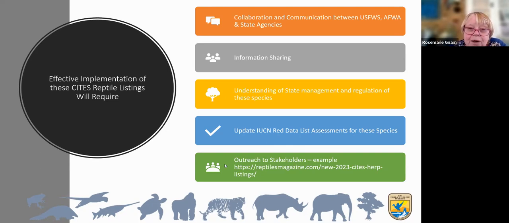The other thing that we are all involved in is working on outreach to the impacted stakeholders: our turtle farmers or turtle harvesters, people who collect reptiles, and other parties. For example, we recently, Thomas authored an article. There were many other reptile species added to CITES Appendix 2, turtles from Latin America and Asia.